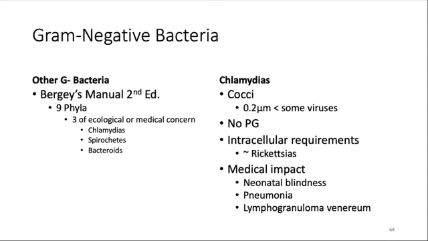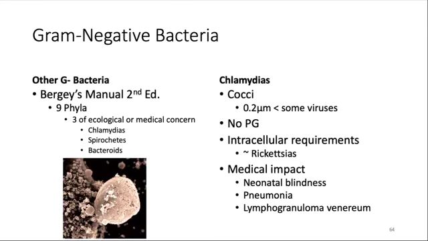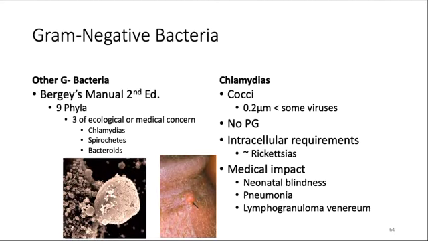There are others that are implicated in sexually transmitted diseases. Example would be lymphogranuloma venereum, which is a sexually transmitted disease. That is how it appears as a granule in the pubic area, the pelvic area, and it's transmitted through sexual contact as well.